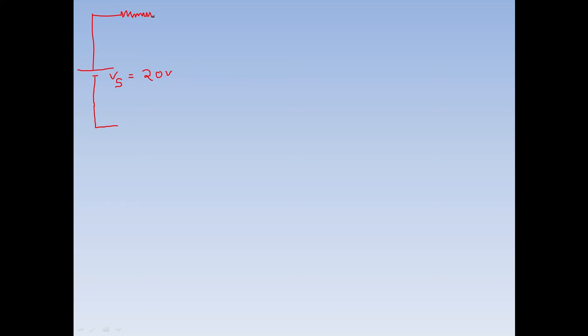Then there is a resistance of 10 ohm, and then there is another resistance of 10 ohm, and then another resistance of 10 ohm, and then there is a 25 ohm resistance over here.